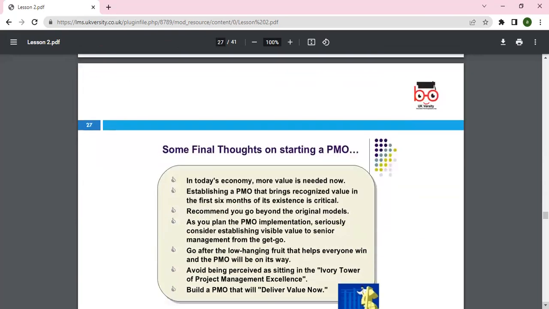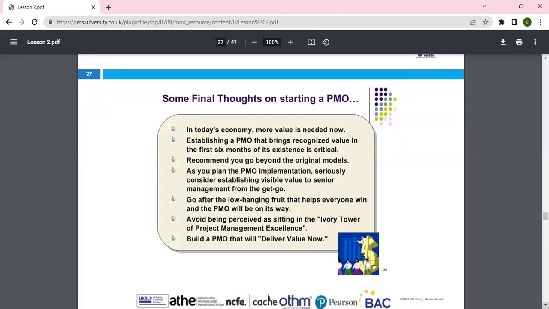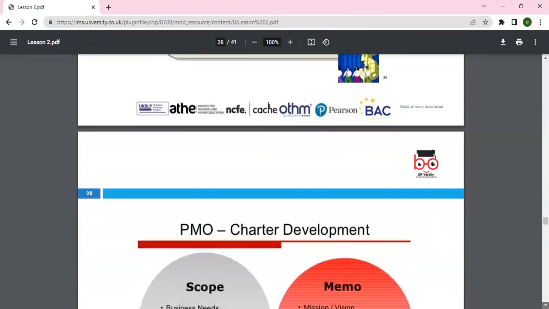So when we look at the final thoughts on starting a PMO, in today's economy more value needs to be established. PMO brings realization of value, and the first 6 months are critical. In PMO implementation, seriously consider the visible values to senior management, and go after helping the PMO stay and avoid being perceived as overhead.